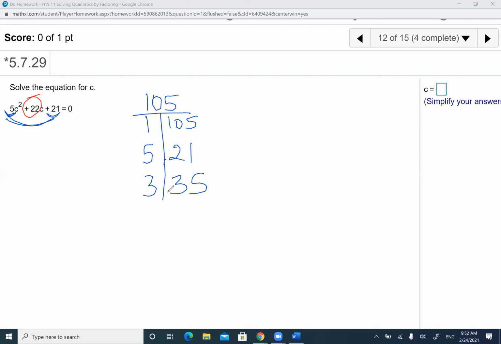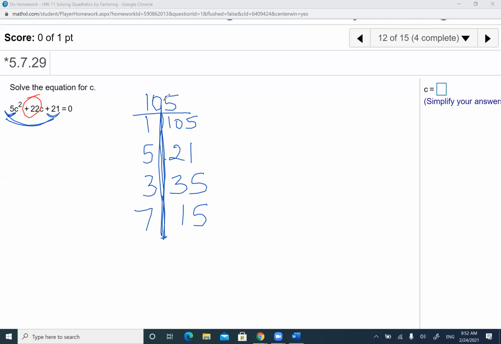Not by 4, no. 7 times 15. 8, no. 9, no. And 10, no. Okay, so that's it. So these are all the factors of 105.